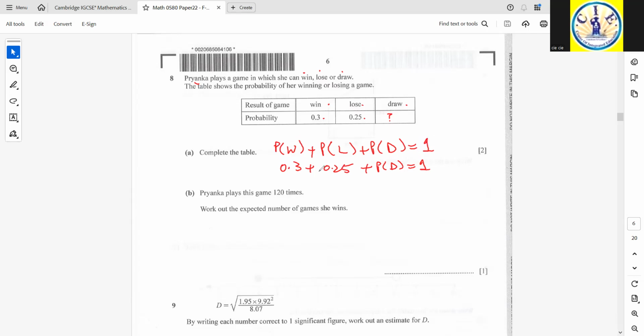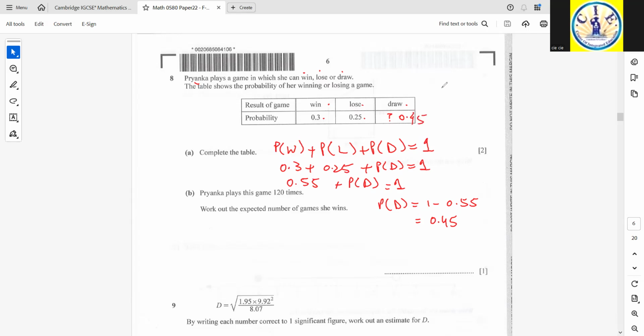So I need to calculate it like this. So probability of draw is going to be 1 minus 0.55, which is 0.45. So the answer is 0.45.